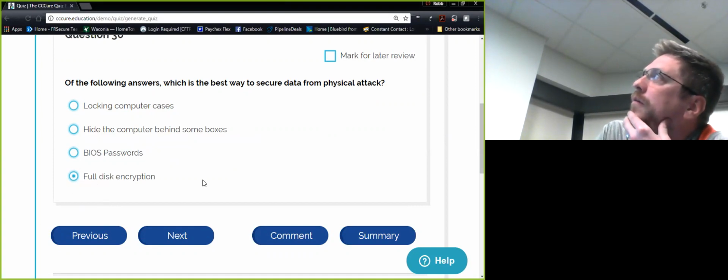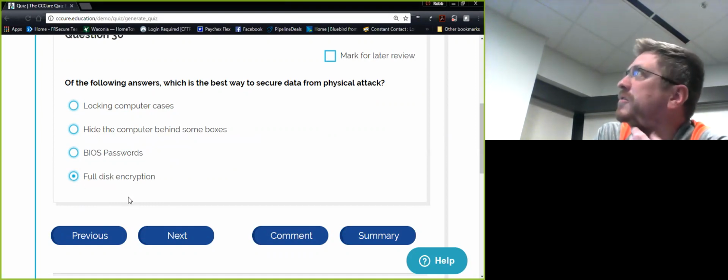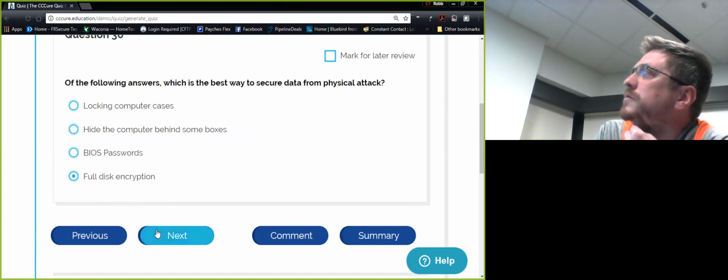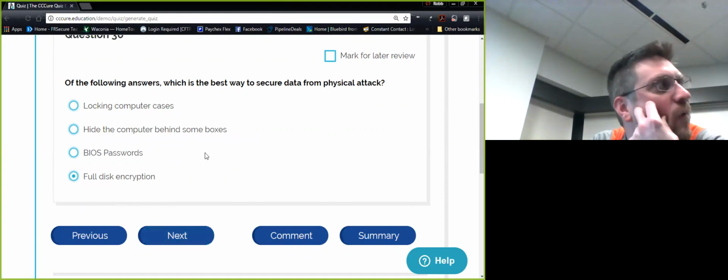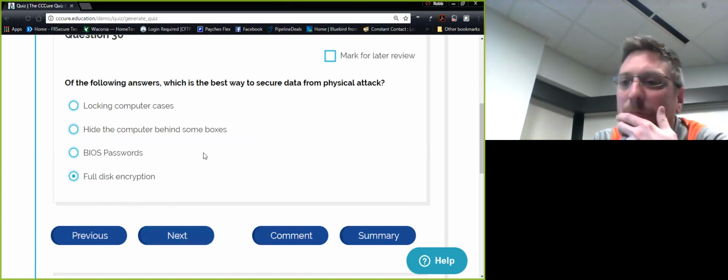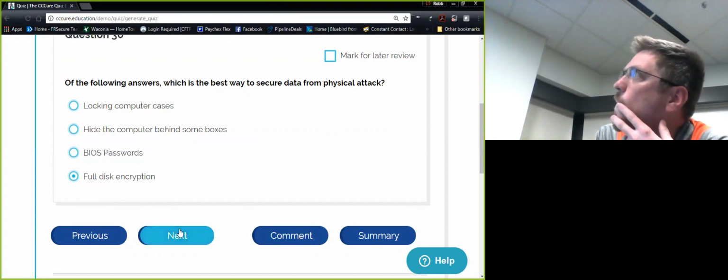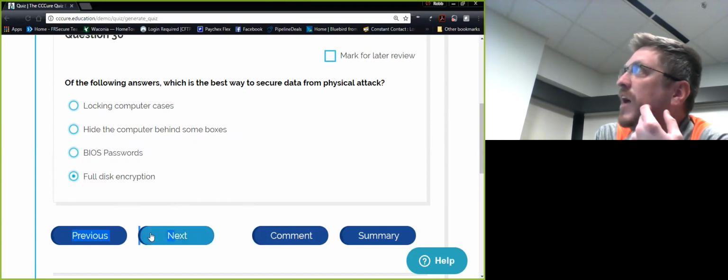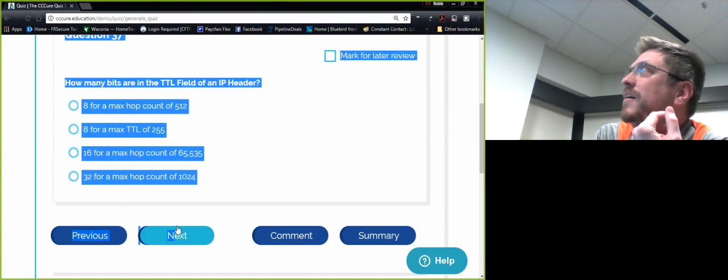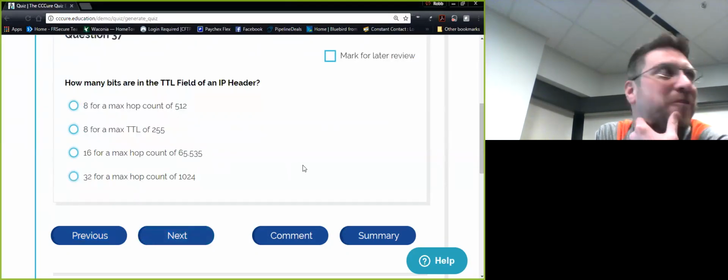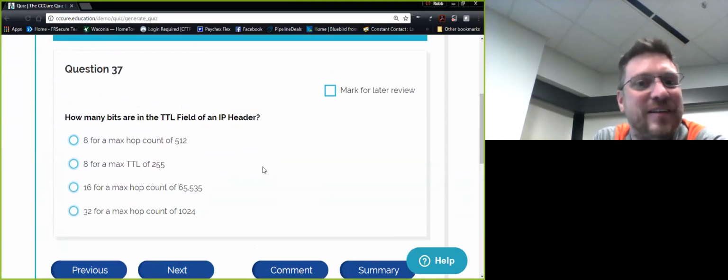Because even with a locked computer case, I can still get to the drive. Yeah. But I won't be able to get past drive encryption. Yeah, true. The only difference between this question and what we had before was that the one before was systems, devices. Yep. Now we're talking about data. You guys agree? Yes, yeah. Personally, I like to just hide it behind some boxes. Oh, yeah. Security through obscurity.